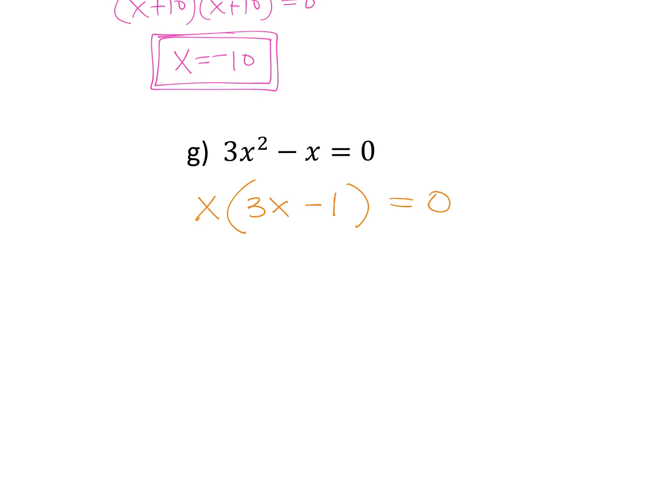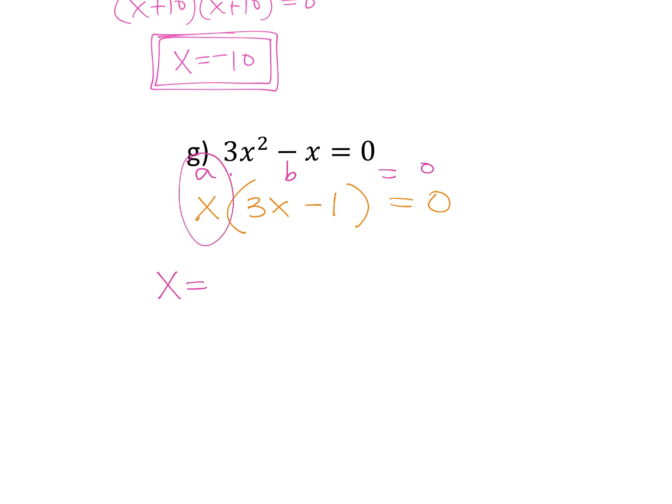Okay, now here's the thing. The zero product property says either of the two things could be 0. So what's one of my answers going to be? x equals what? Not 1. If it's A times B, that has to equal 0.